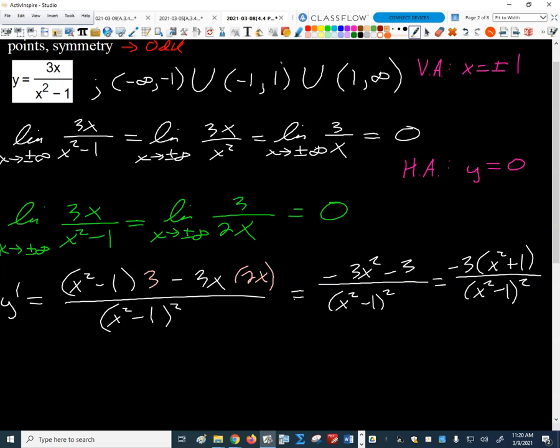Okay, what are the critical numbers where the first derivative is undefined? Type them in chat if there are any. We're just looking for all the critical numbers of the first derivative, right? So where it's undefined or equal to 0.